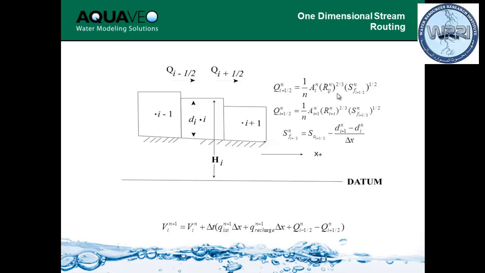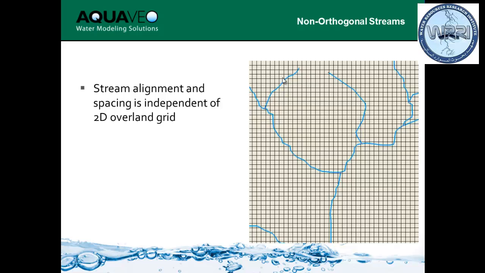N is the Manning's roughness value, R is the hydraulic radius, and S is the slope. In this case, we're multiplying all this by A, the area of the channel, and that'll give us the flow rate. So we're just using Manning's equation, and we're doing an energy solution. It's kind of like HEC-RAS, where you start at the downstream end and use the energy equation to get the depth at each location in your model.